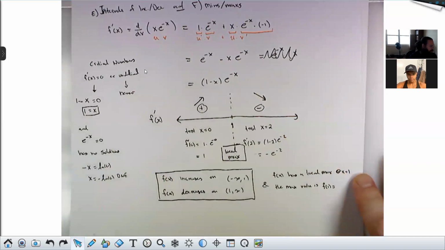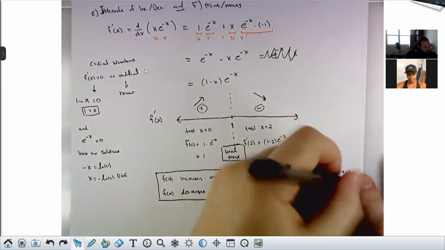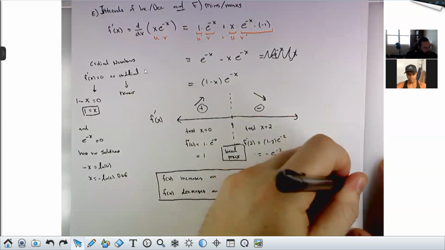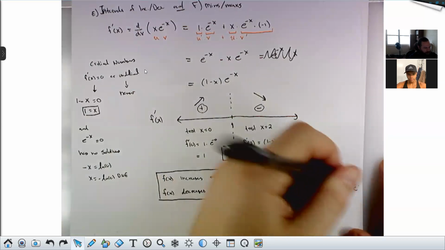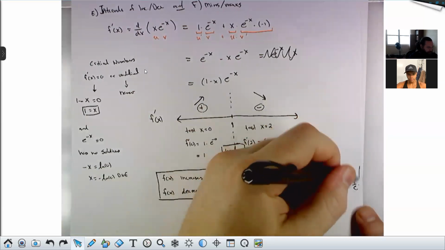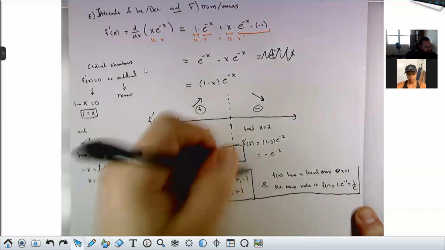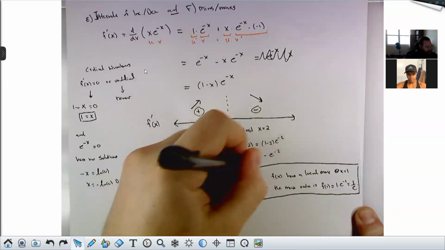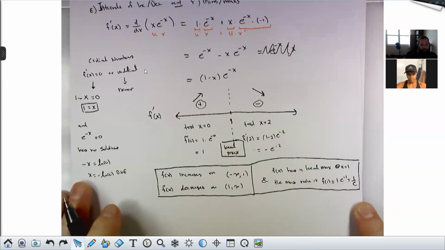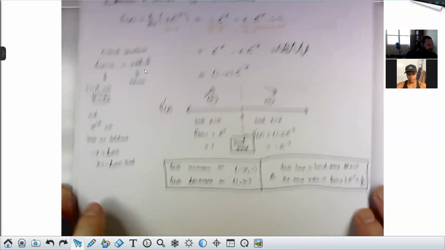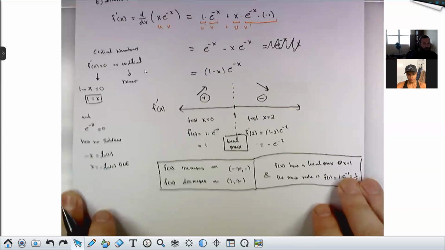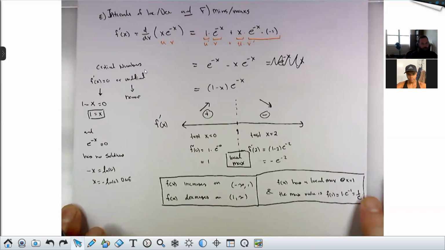If I plug 1 into the original function, I get 1 times e to the negative 1, which is just 1 over e. So that is all the increasing, decreasing, min and max stuff. Now I need to take my second derivative. Before I move on to the second derivative, are there any questions about the increasing, decreasing, min and max stuff?